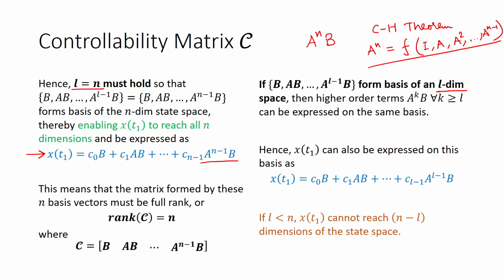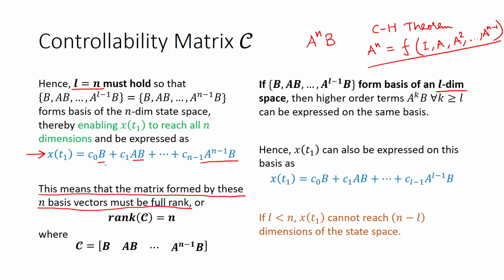This means that the matrix formed by these n basis vectors must be full rank. So this is the final statement. When I wish that xt1 can be any state in the n-dimensional state space, then I wish that this B, AB up to A^(n-1)B forms the basis of the n-dimensional state space.